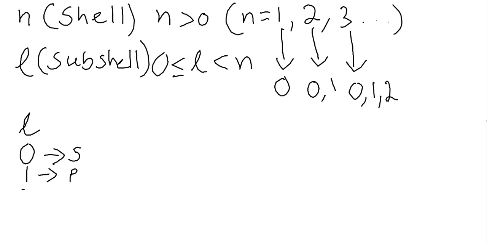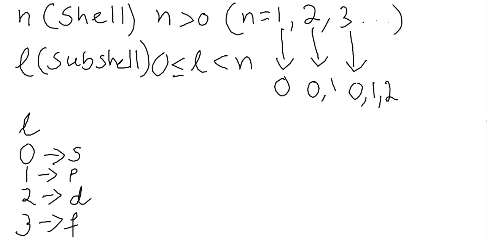A value of 2 for l is d. And finally, a value of 3 is f. s, p, d, f. Those are the 4 subshells.